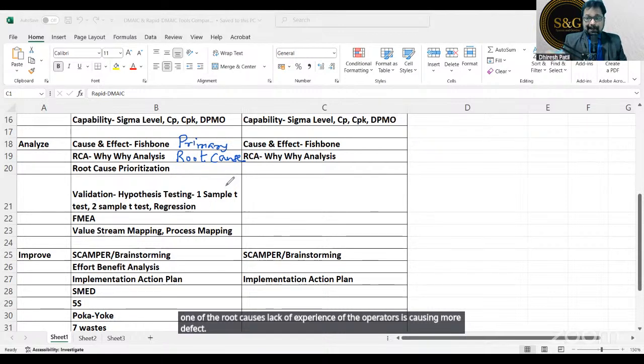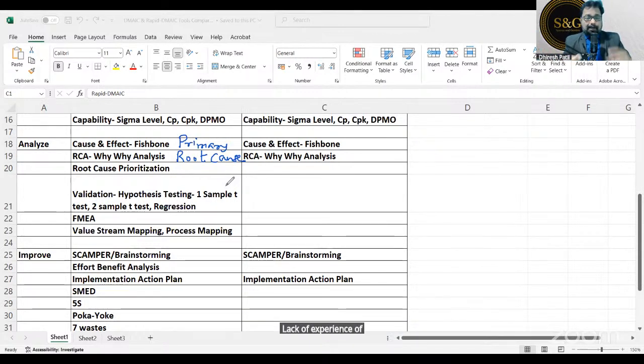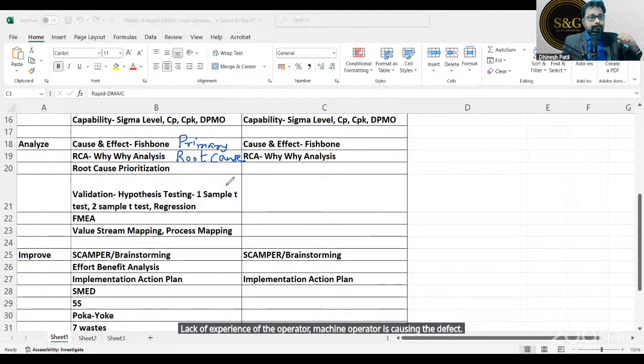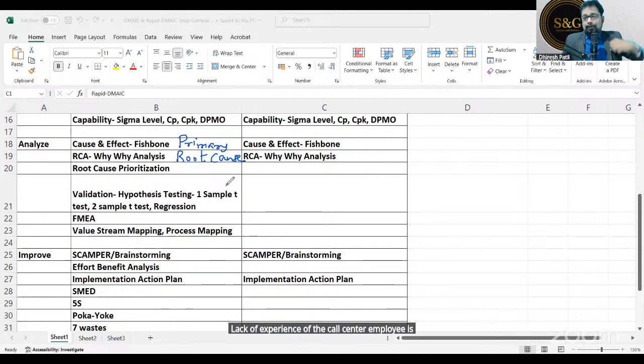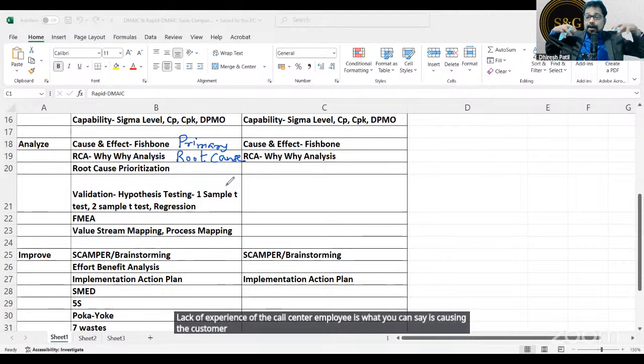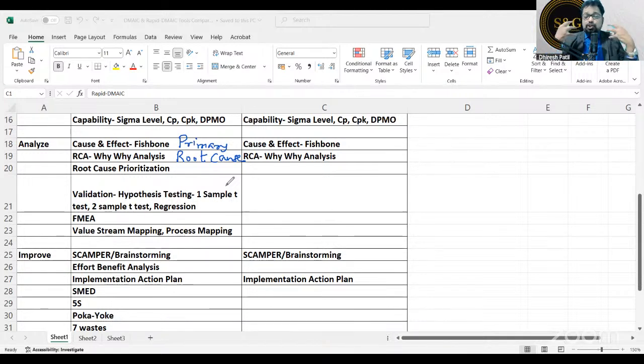Lack of experience of the machine operator is causing the defect. Lack of experience of the call center employee is, you can say, causing the customer dissatisfaction. That is my opinion, my root cause, my hypothesis. That hypothesis has to be validated with the data.